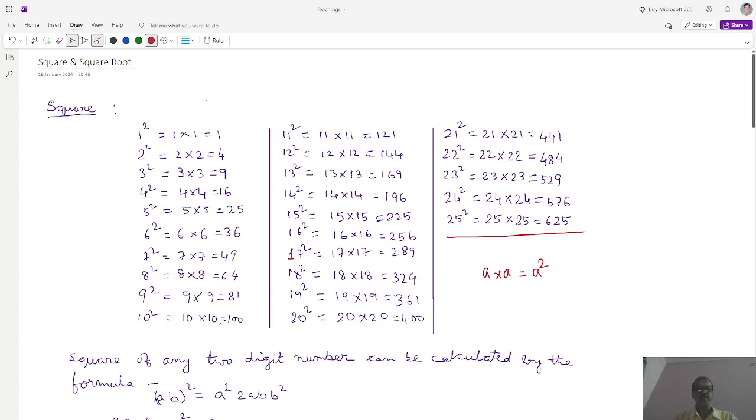From 1 to 10, we don't need to give any extra effort because we know the tables 1 to 10.